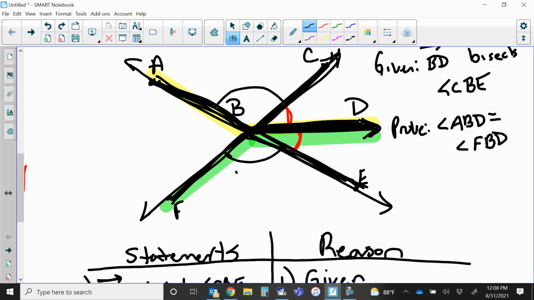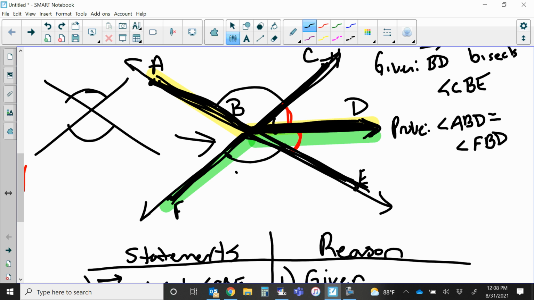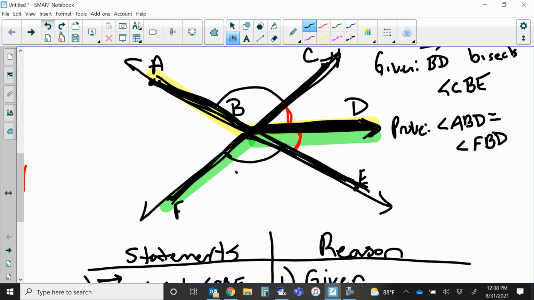They're vertical angles. Do you see this one drawing in like that, and this is the top part and that's the bottom part? Do you get what I'm saying? Yes or no? Okay.